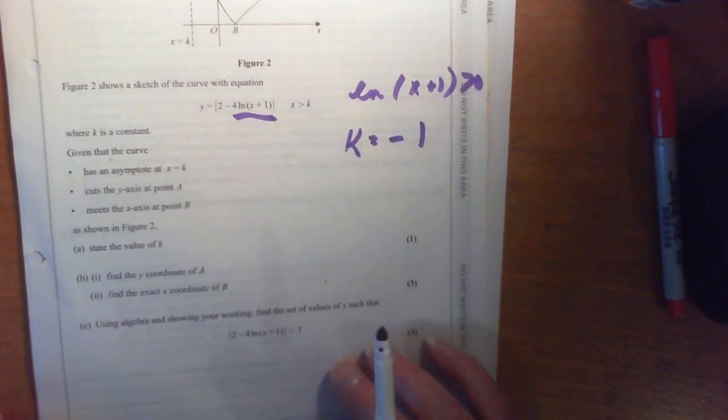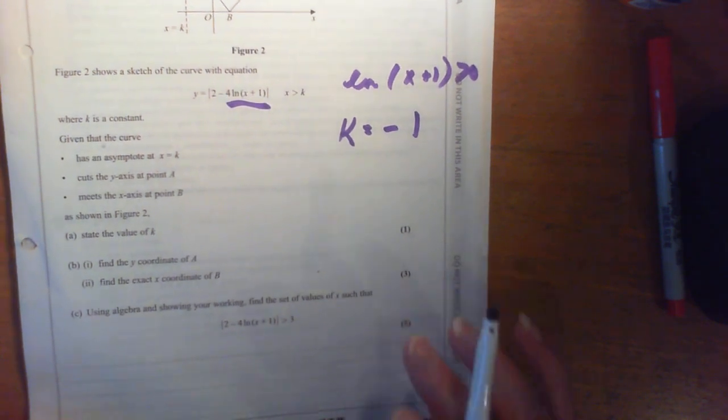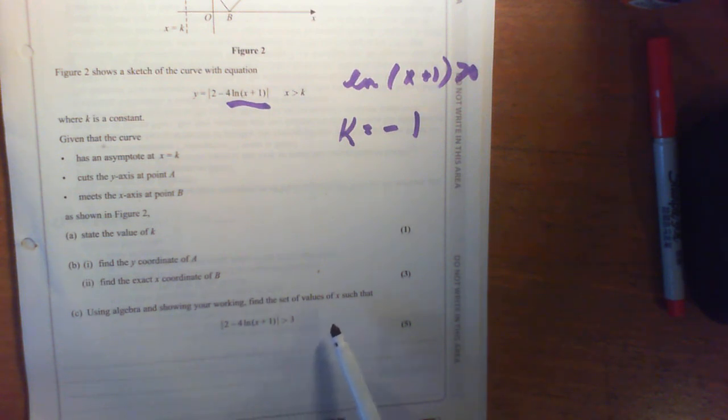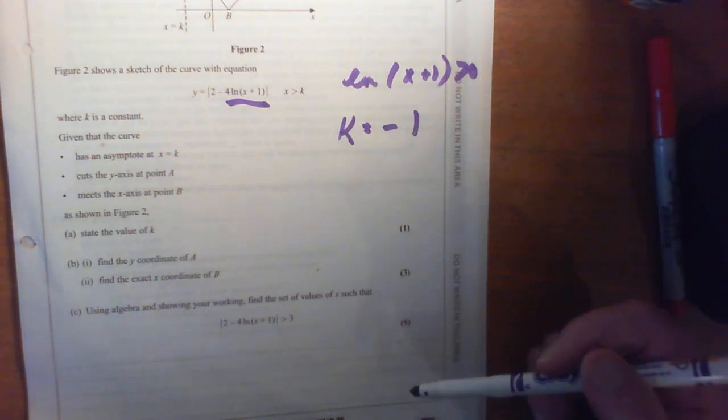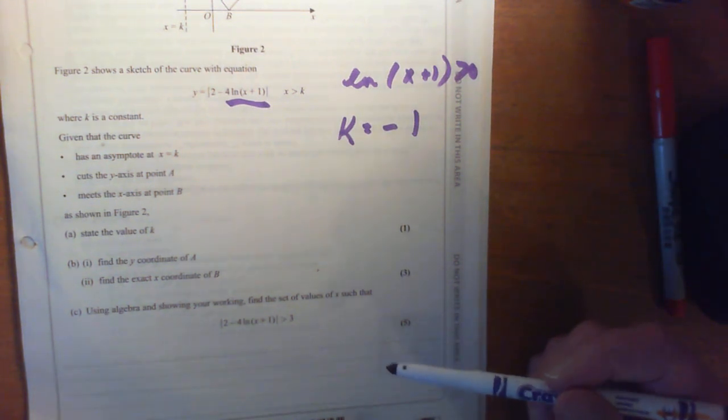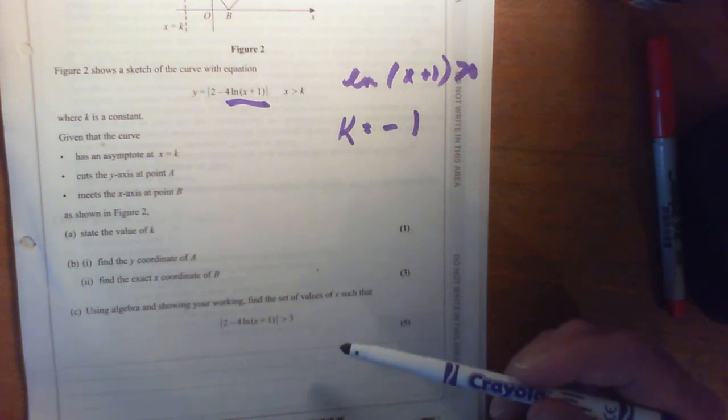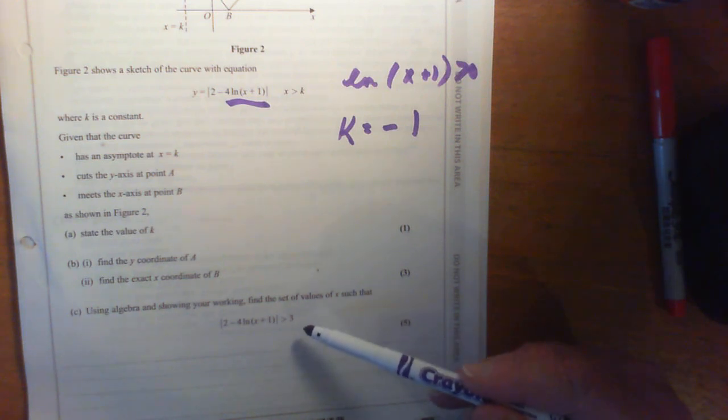When we come to this expression down at the bottom, it says use algebra and show your working. Find the set of values of x such that this is true. Now, the most elegant mathematical way to do it is to square both sides.